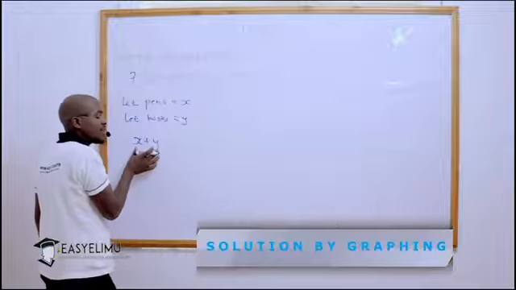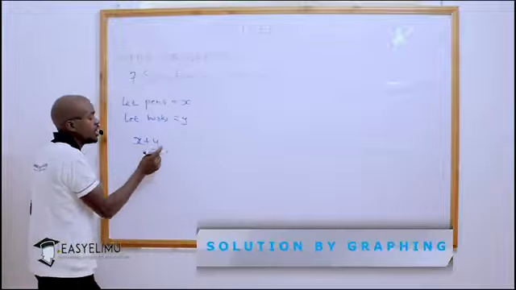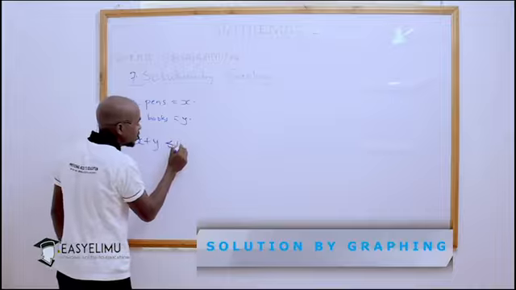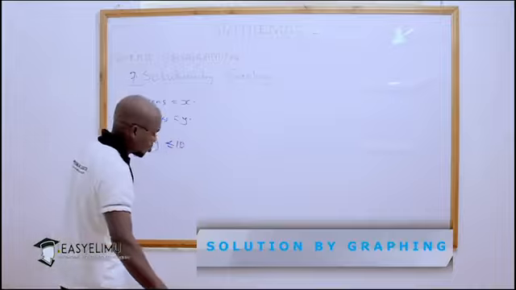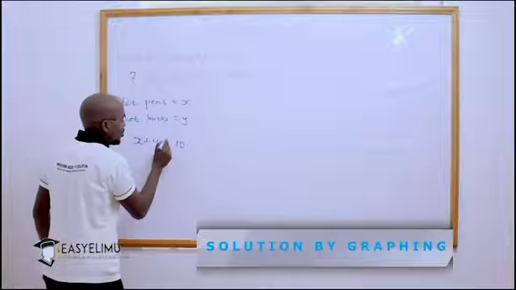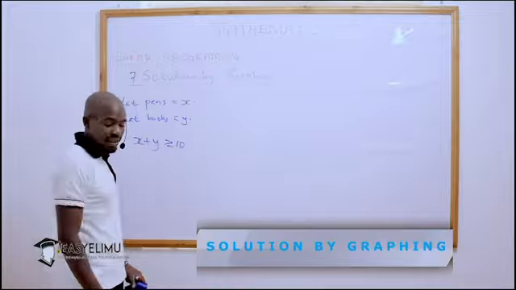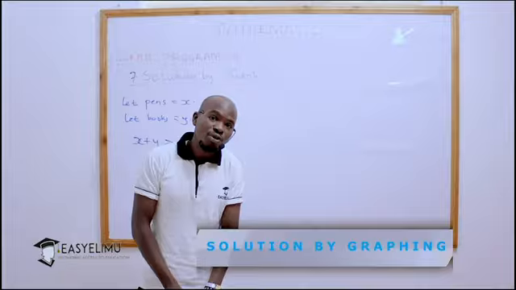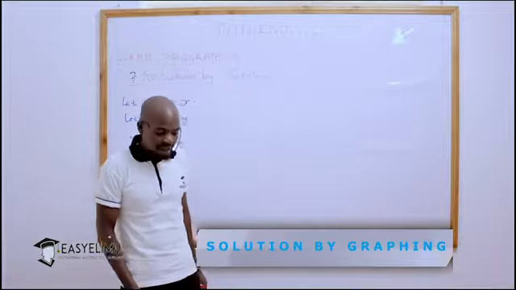So the sum of the two is not less than 10. That sign was wrong, it should be greater than or equal to 10. The sum of the two should not be less than 10.